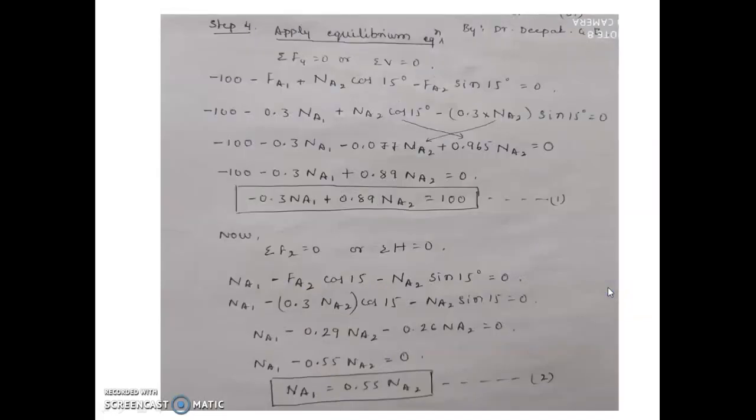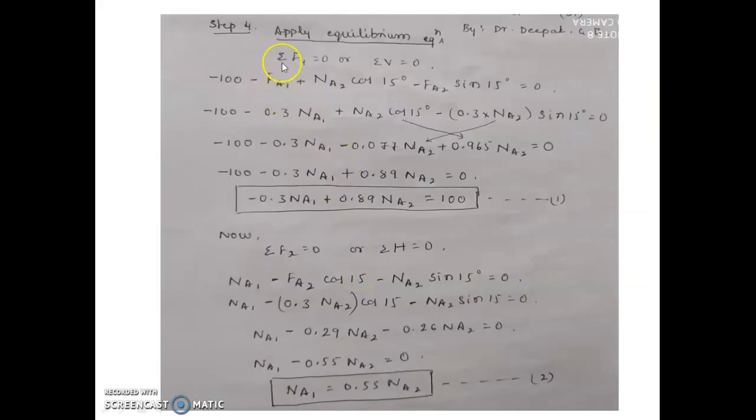Now, after that, apply the equilibrium equations, that is sigma Fy, forces in the y direction or vertical direction, is equal to 0. What are the vertical forces acting? Minus 100 is written here, the weight of block A. It is acting downwards, hence it is minus.